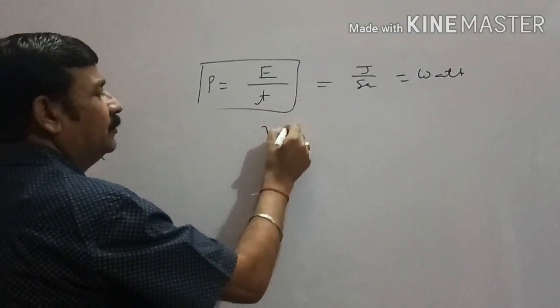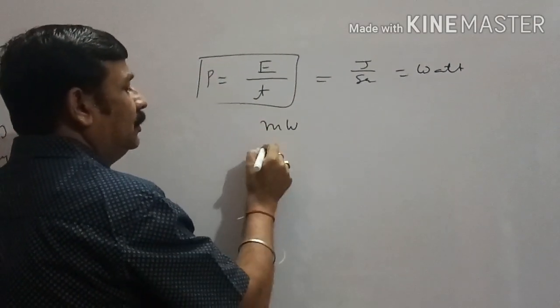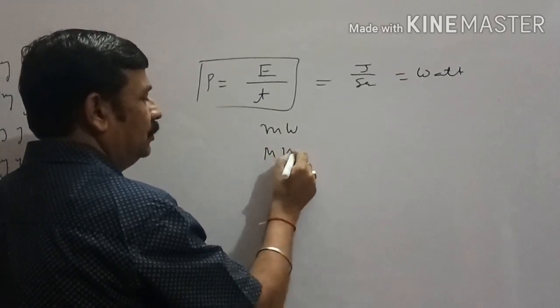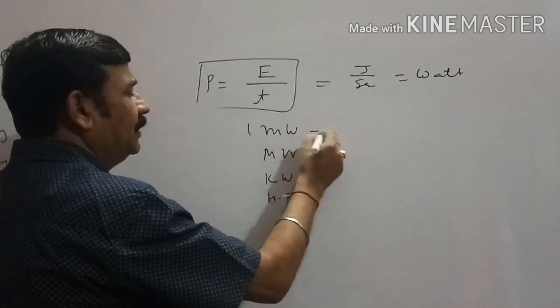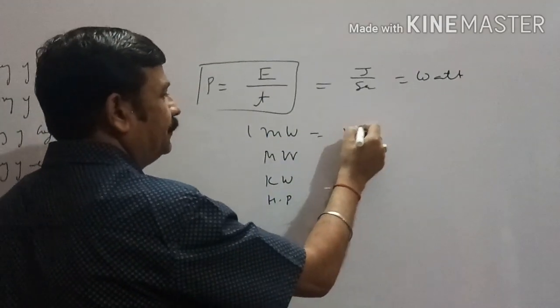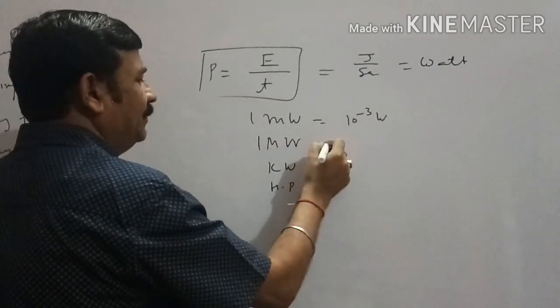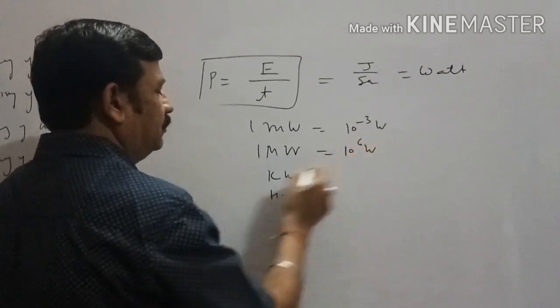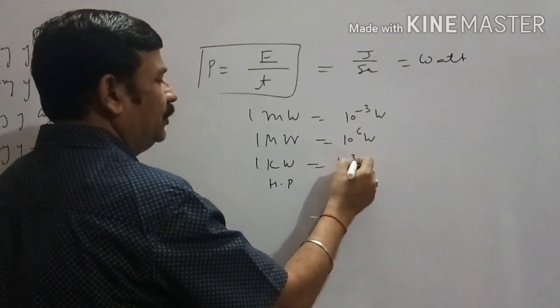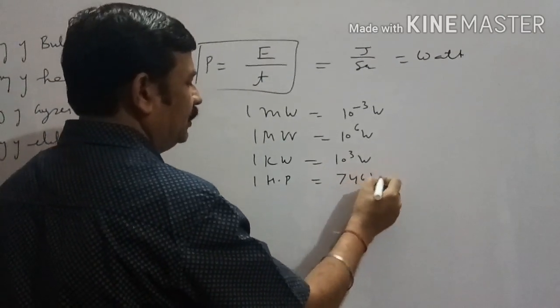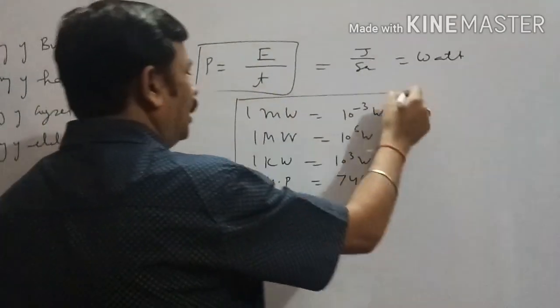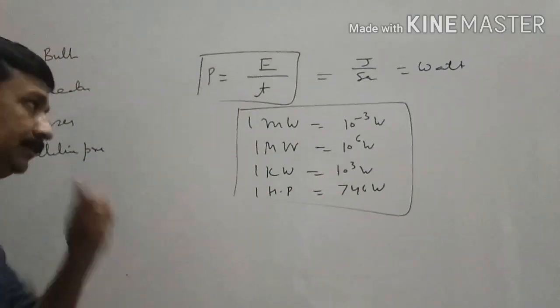Other units are small mW, capital MW, kW, HP. Small mW stands for milliwatt, capital MW stands for megawatt, kW stands for kilowatt, HP stands for horsepower, which is 746 watt. These are the other units in which we measure power.